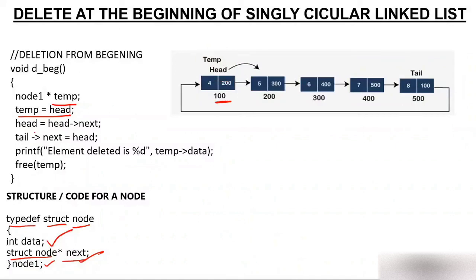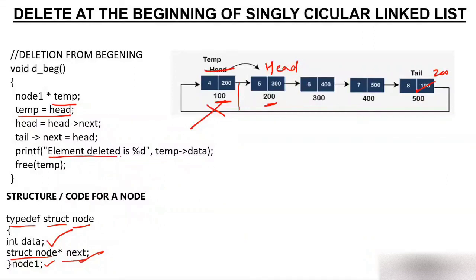Head will have head next. What is head next? 200. So head will move from this place to this place. This is what I'm trying to explain with the figure. Now tail next will have head. What is there in head? 200. So this will have 200. This pointer will move from here to here, that is, this connectivity will get broken.